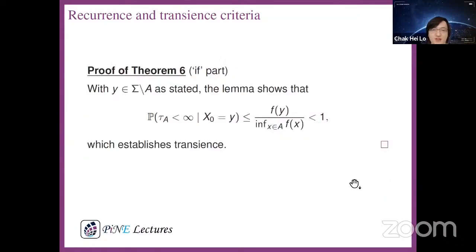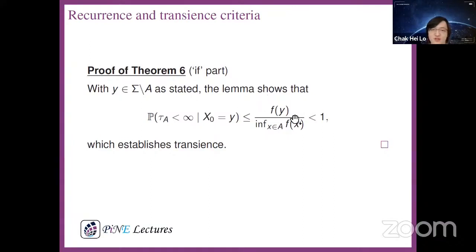In fact, if we have this lemma, then proving the if part of the theorem is very straightforward, with the same setting. For y outside of set A, the lemma shows that this probability is less than 1, because we just replace the condition with X0 equals y.